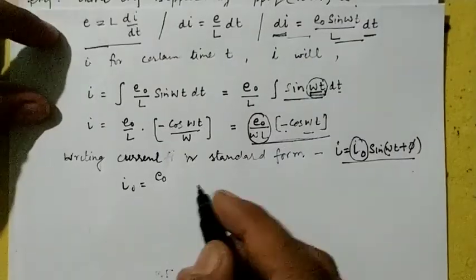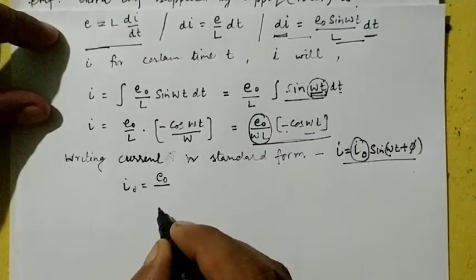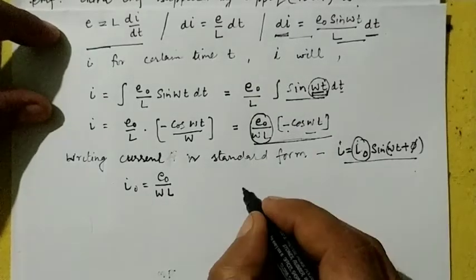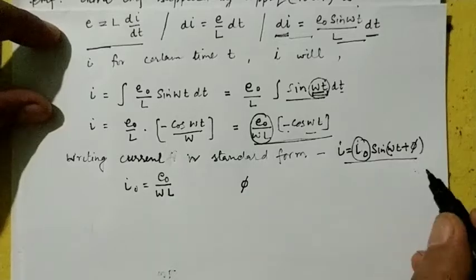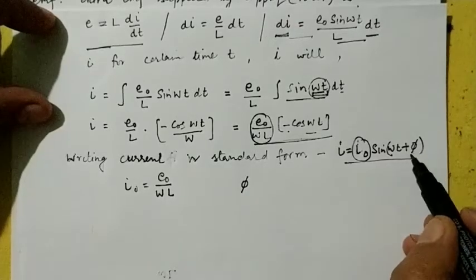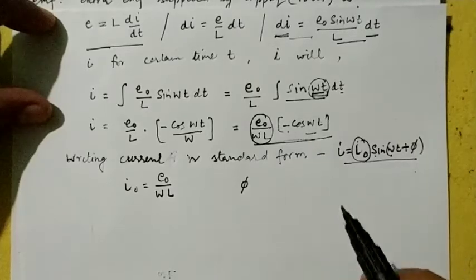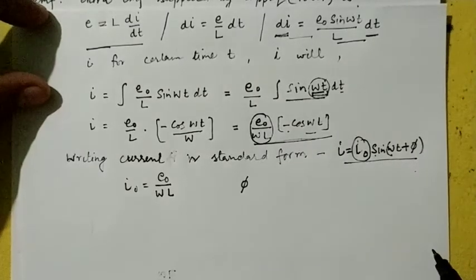So I naught is equal to E naught divided by omega L. And what should be the value of phi so that sine of omega t plus phi is equal to minus cos omega t?